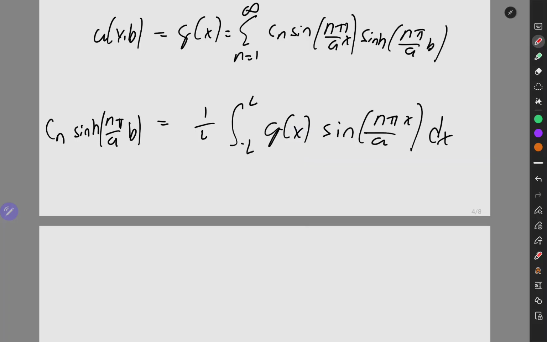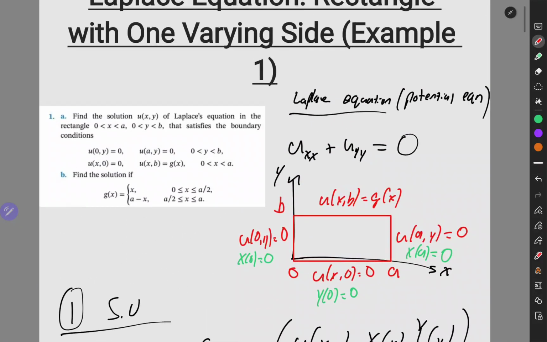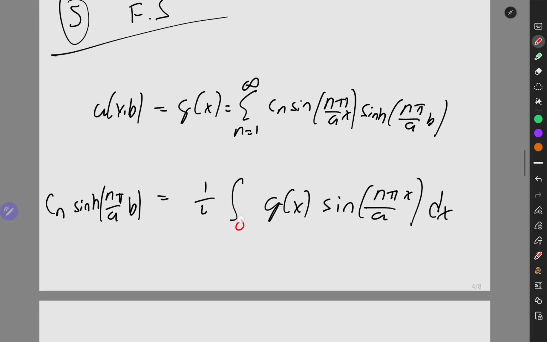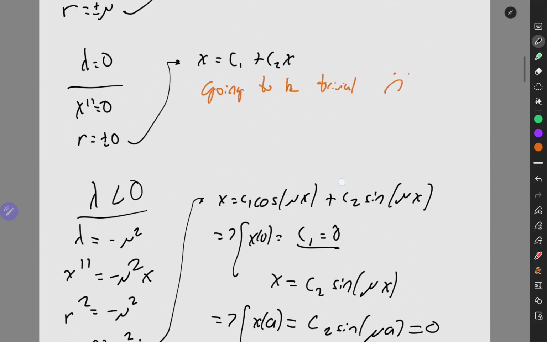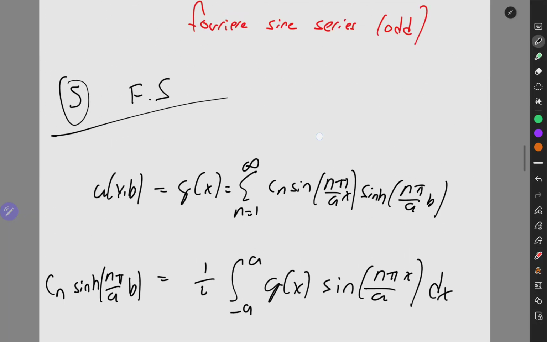Now, first of all, what boundary is this on? Look at the boundary. 0 to a, right? This is technically only from 0 to a, but we have to make it periodic.